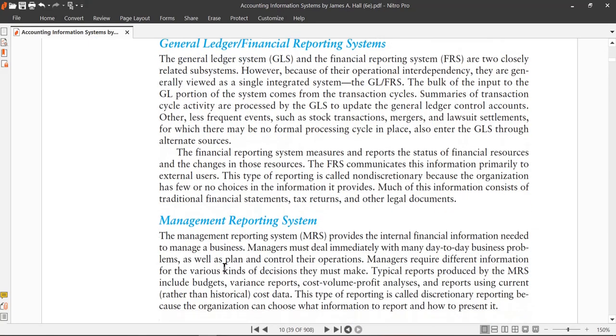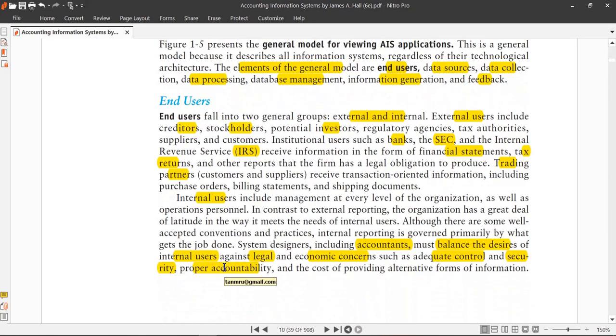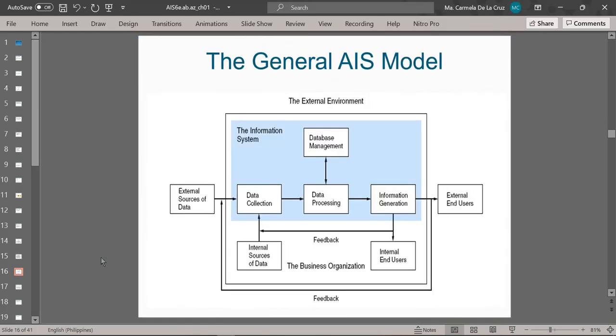Okay, then with that, the general AIS model.